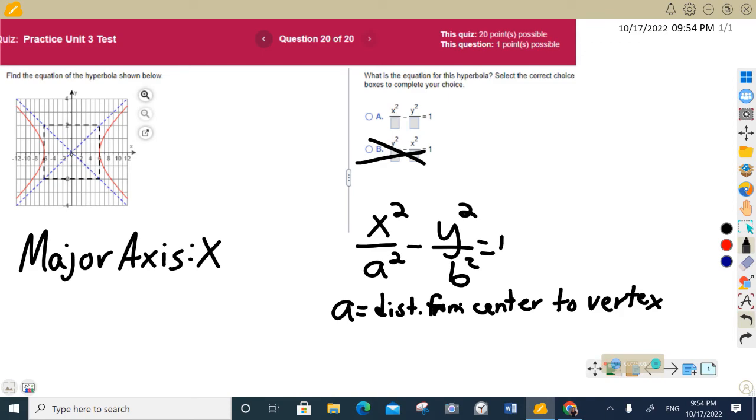From the center to the vertex, that is a distance of 6. That's little a. So underneath x squared is going to be a squared, so 36. Little b is the distance from the center to the minor vertex on the minor axis, which is 2. And then underneath y, remember it's not b, it's b squared. So when you square that, you get 4. And that is your answer.